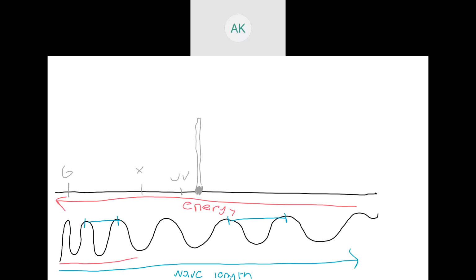And the visible light is everything from red being down here to purple down here, and everything in between. And so forth.